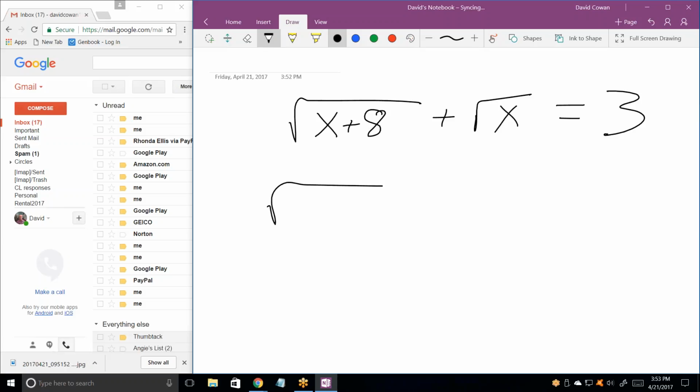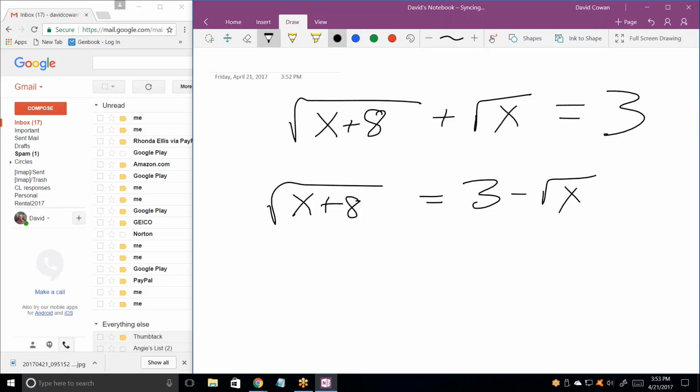So the first thing I'm going to do is move that to the other side in order to isolate the one on the left. Oh, okay. So you just bring it over, you wouldn't square it? Not yet. We're only going to be able to lose one of these radicals at a time. Once we get it down to one radical only, then we'll isolate it and square everything on the other side.